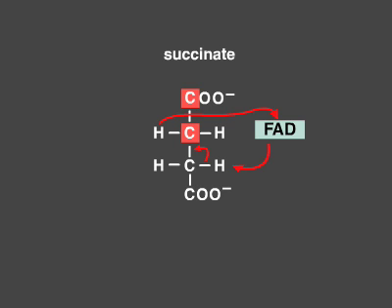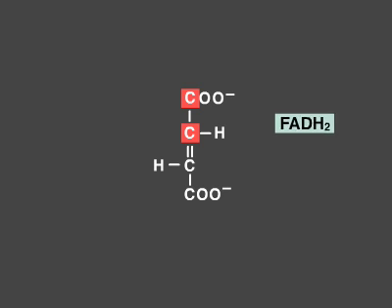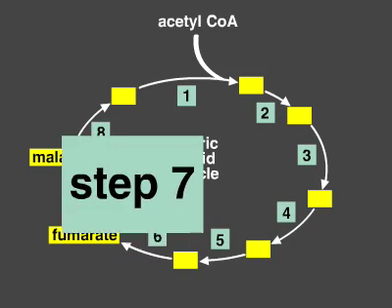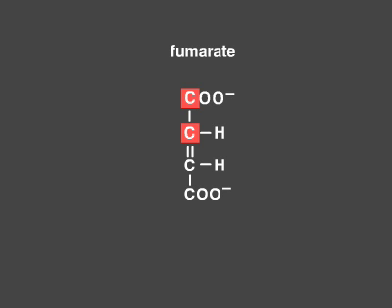Hydrogen atoms from succinate are stripped off and donated to FAD to produce FADH2. In the next reaction, fumarate combines with the water molecule. The resulting molecule is malate, with the water molecule added across the two central carbons.